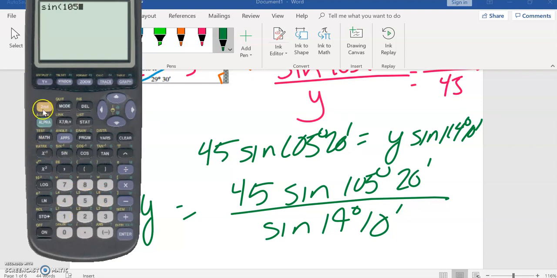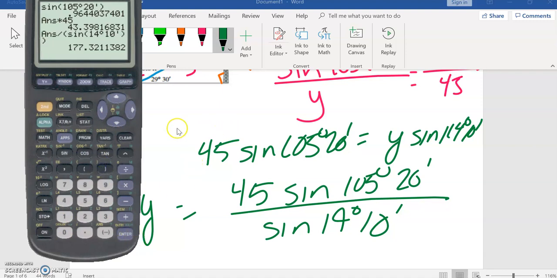You can convert this, but remember if you go to Second Apps, you can put in degrees and minutes. Then times 45 divided by the sine of 14 degrees and 10 minutes.